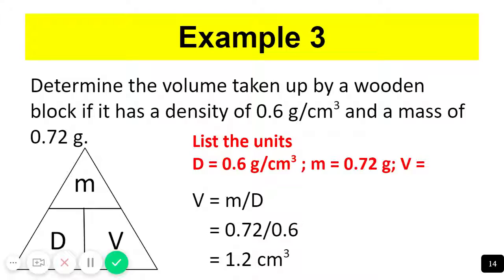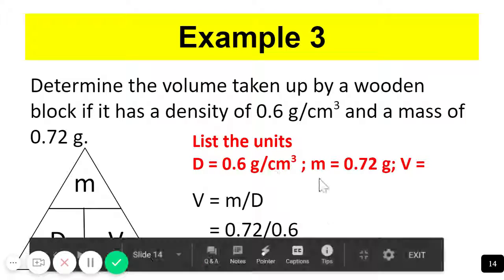You substitute the numbers into the appropriate formula and use your calculator to get 1.2 centimeter cube. Remember, volume is in centimeter cube. Even if it's not given, you know that volume is in centimeter cube. So your final answer should be in centimeter cube.